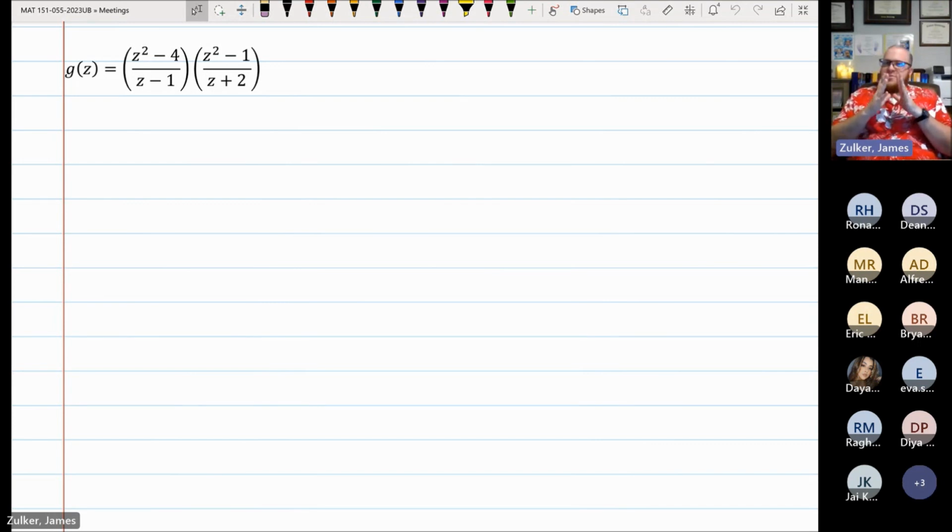Right? So that is one way to proceed, and that is the easiest way to proceed, in fact. Right? Is by recognizing that you have z squared minus 4 is a difference of squares, z squared minus 1 is a difference of squares, and then this is going to simplify very nicely.